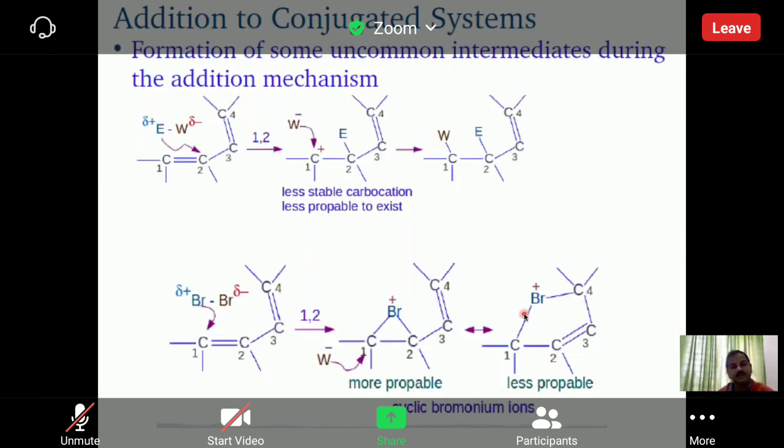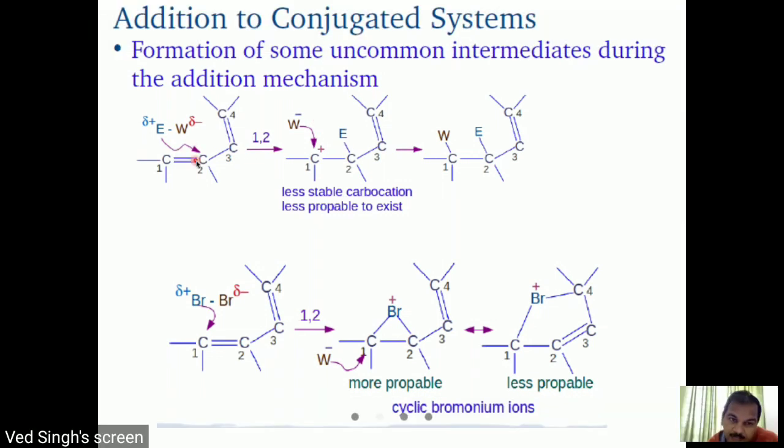Now we can see addition to conjugated systems, and the formation of some uncommon intermediate during the addition mechanism. In previous slides we saw that the electrophile was attacking carbon number 1 or 4. Now if the electrophile attacks carbon number 2, then the nucleophile comes here.